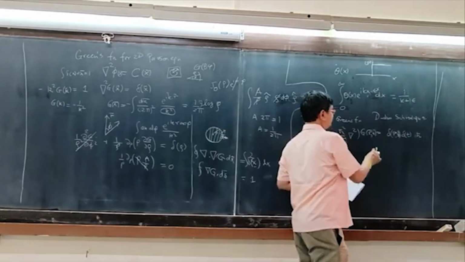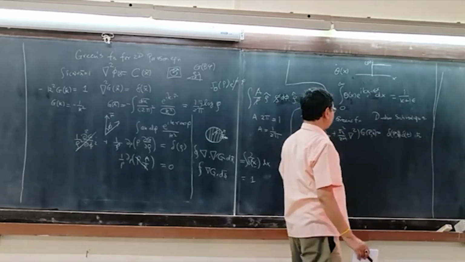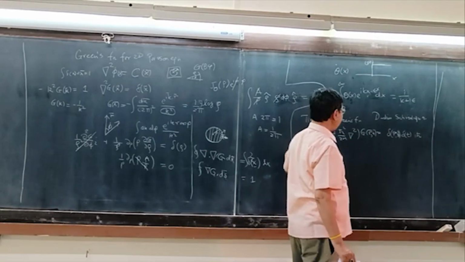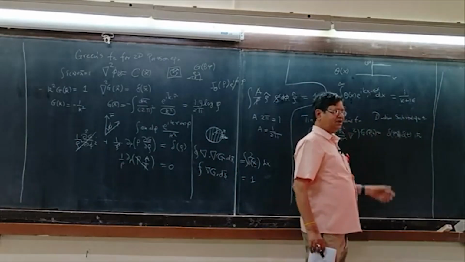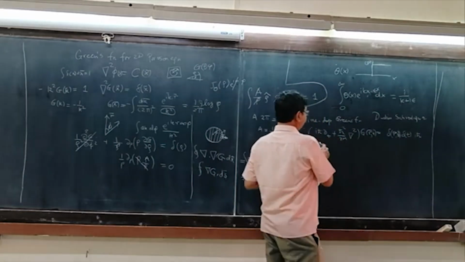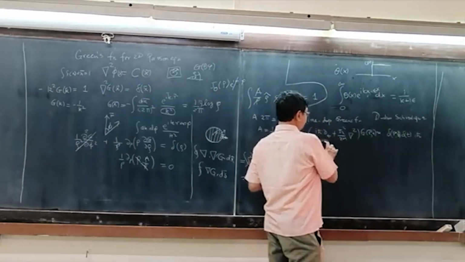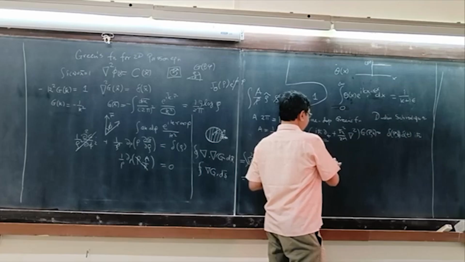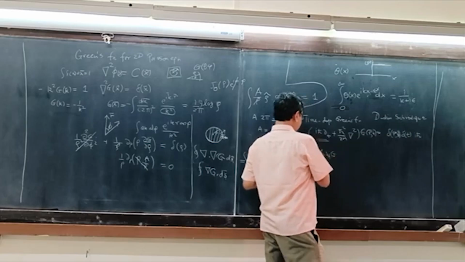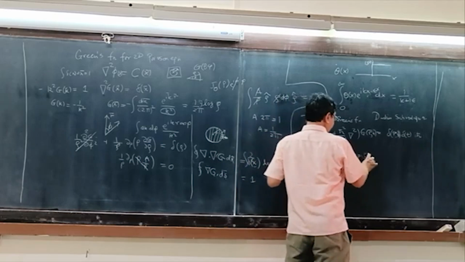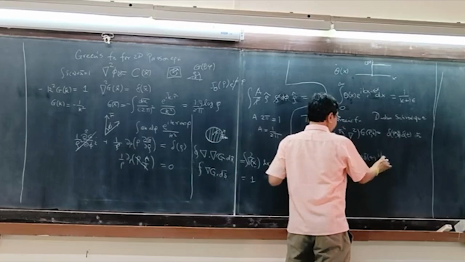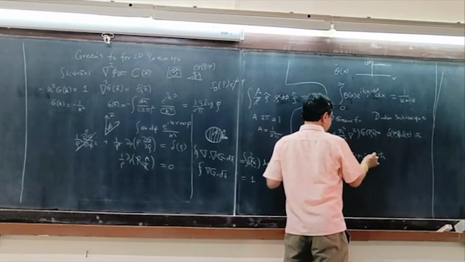Now, what is the dimension of G? In fact, you can see easily from here. Compare this term with that term. Dimensionally, this should match, left dimension and right dimension. What is the dimension of the left hand side? This term only: i h bar dt of G equals delta R, delta t, i h bar.